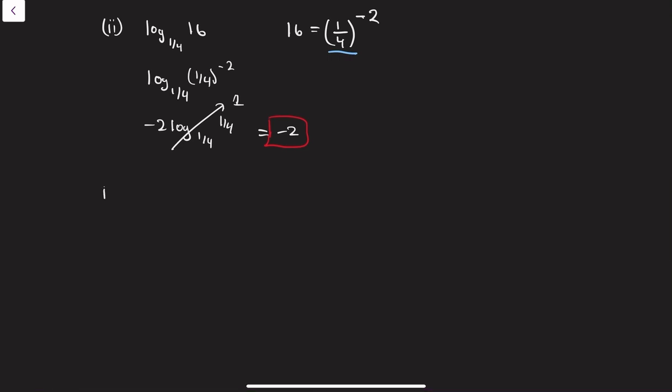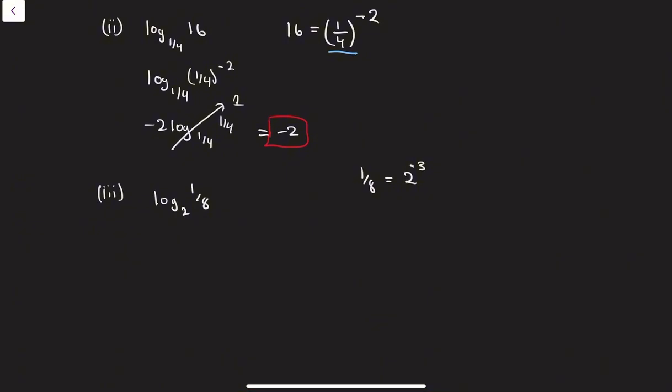Great. And for the last part of this example, we'll have log of base 2 of 1/8. Again, we want 1/8 and base 2 to be related somehow. 2 cubed is equal to 8, but 2 to the negative 3 is equal to 1/8.